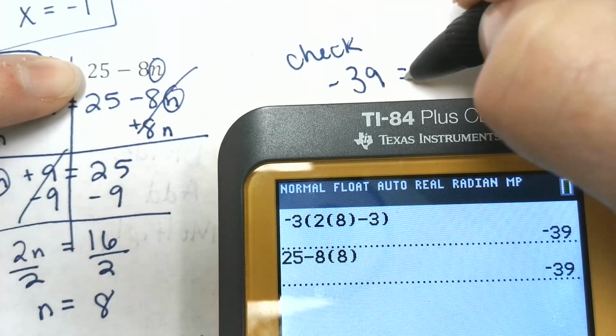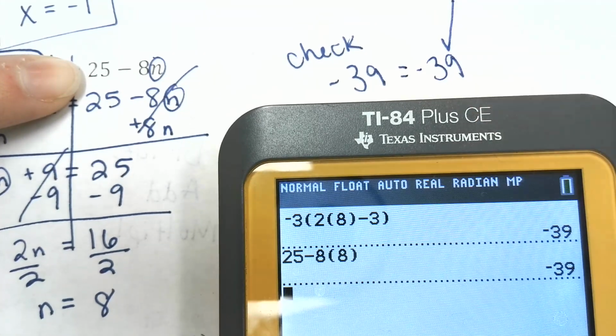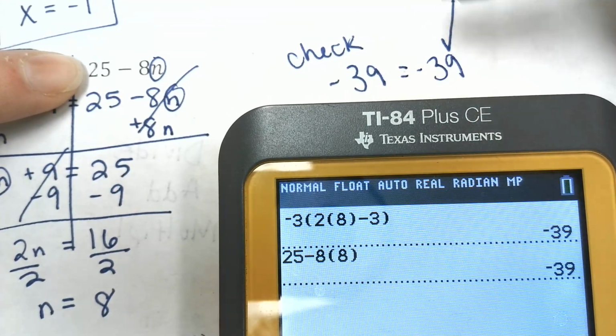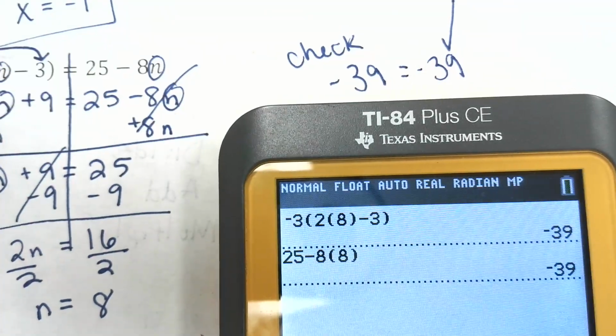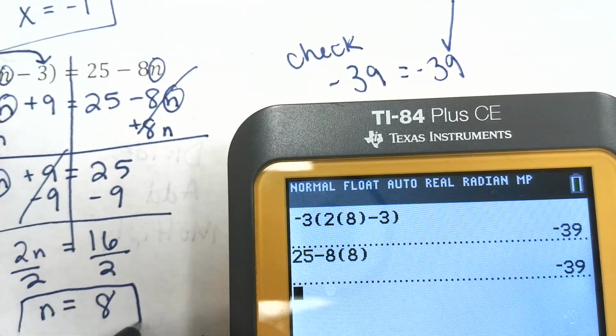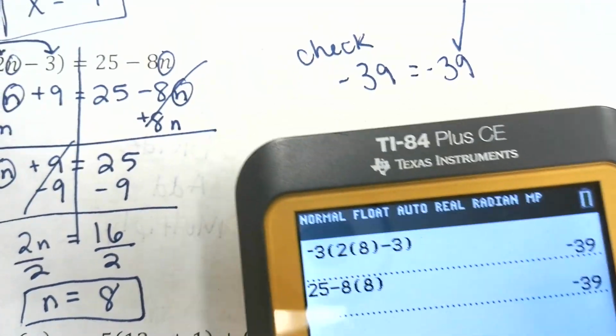That also equals negative 39. So we just checked it. Put your little check mark showing that you found what the left side and the right side equal. They're equal, so that means we did the right thing. We got it done.